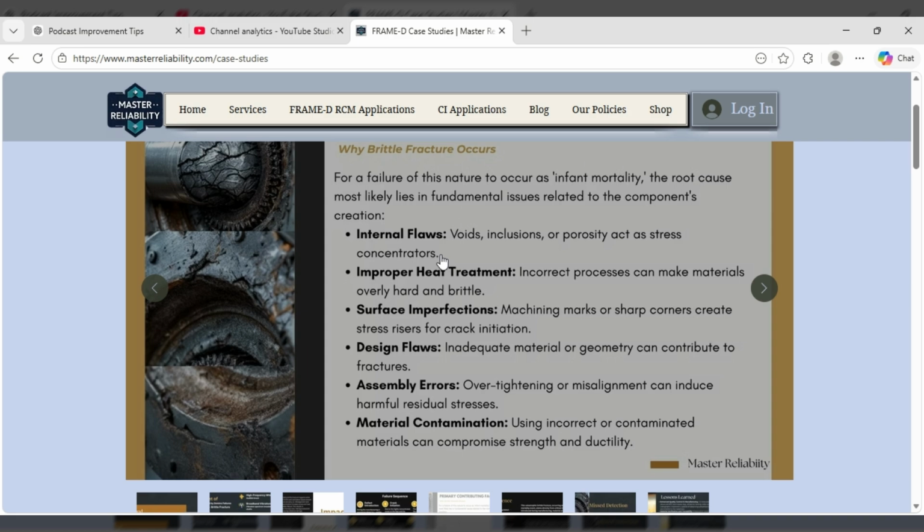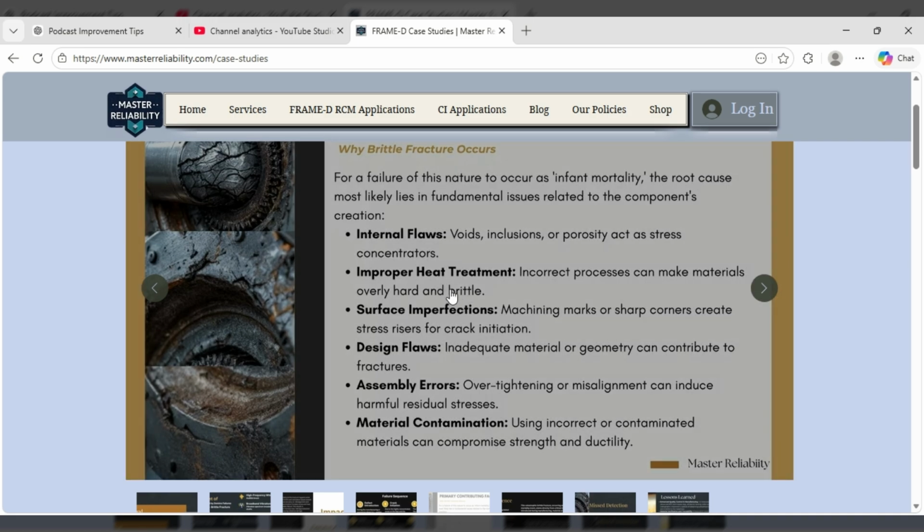That cast is compressed, and then it goes to the furnace and goes through the entire process of formation. The problem is that, let's say some of that sand-type material has a void or inclusion, which is a dirty contamination that's not supposed to be in there, and that will act as a stressor because it's not formed properly.